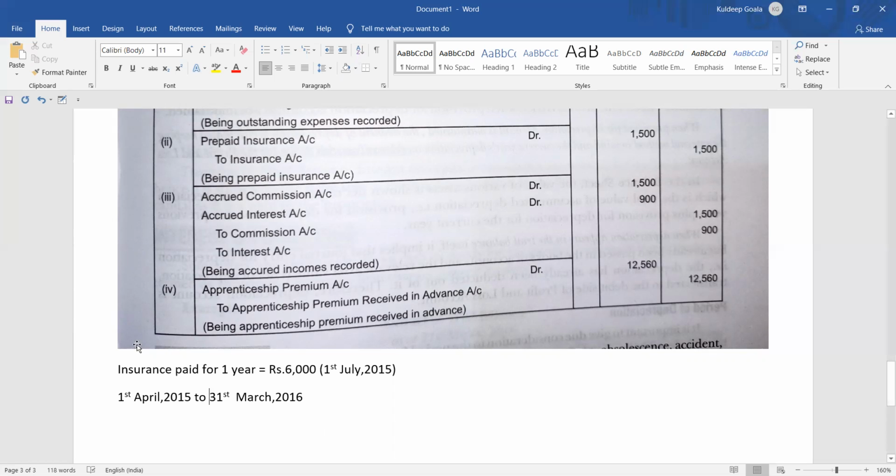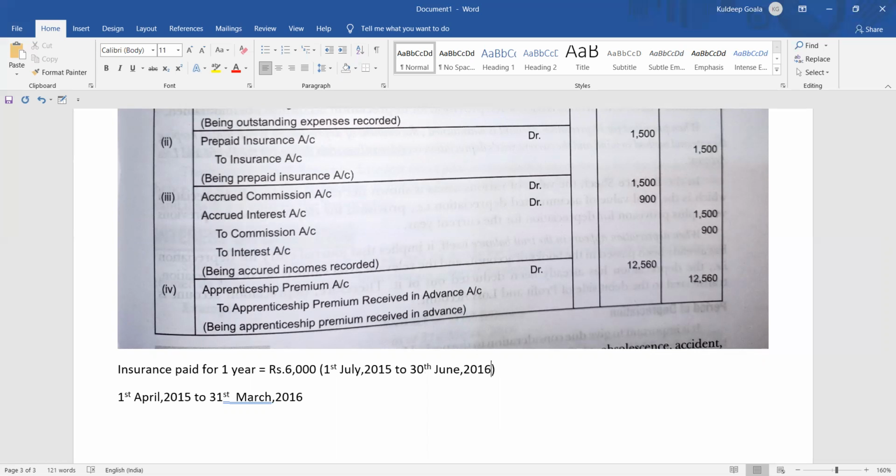So this is the time period. Now the insurance that was paid on 1st July 2015 will end on 30th June 2016, right? 30th June 2016.